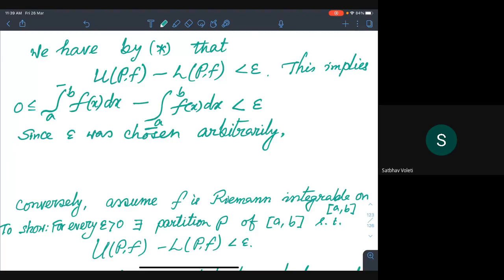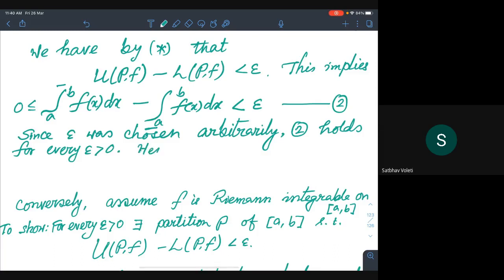This is true for every epsilon. Let me call this 2. So 2 holds for every epsilon greater than 0.